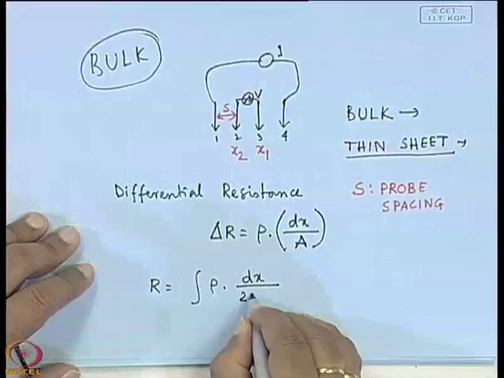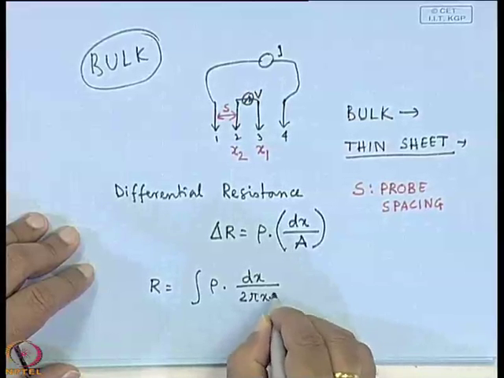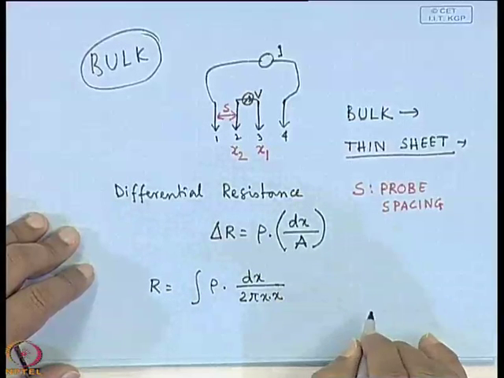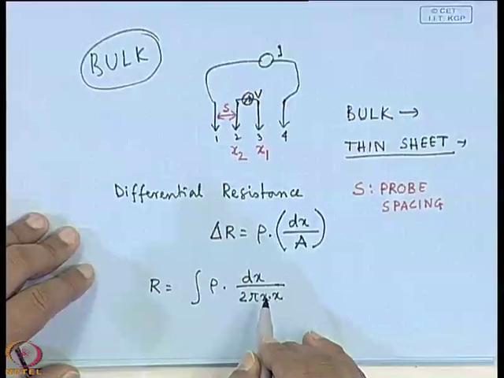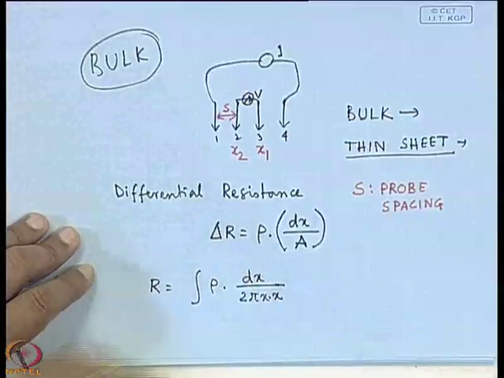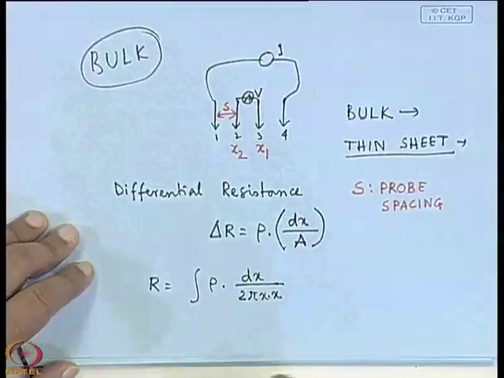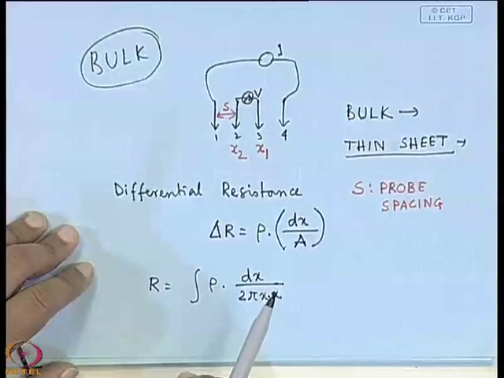So, under such a circumstance, the area will be twice pi x into x, that means twice pi x square. Why? Because 2 pi x is the perimeter, and if this x is very small, then we can consider that perimeter is the length and that is the breadth. So, the area is 2 pi x multiplied by x for this case.